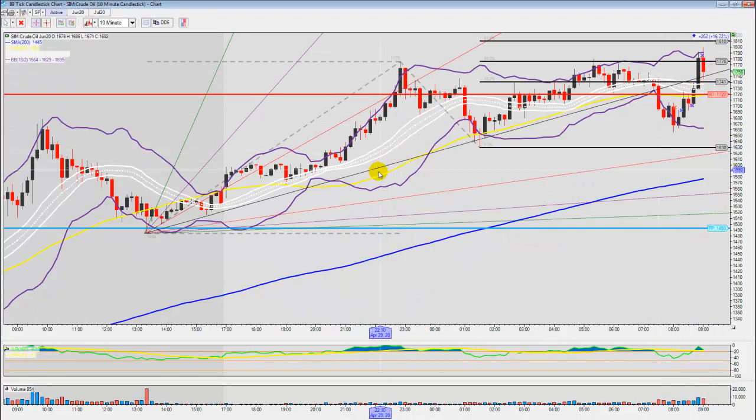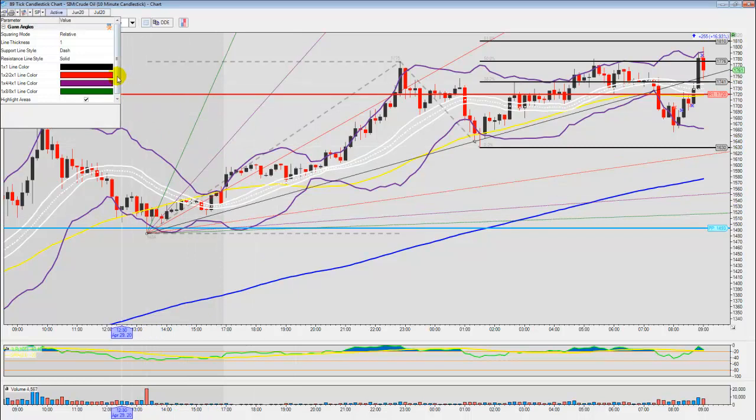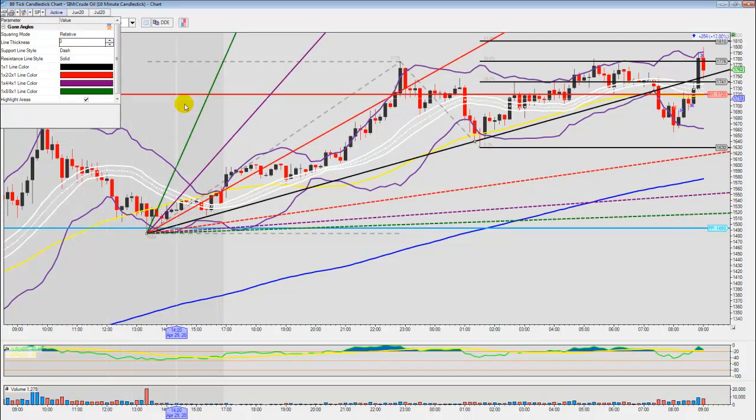So there it is right there, coming across the charts. Do something with this. Let's see if we can make it thicker. Be easier to see that way.